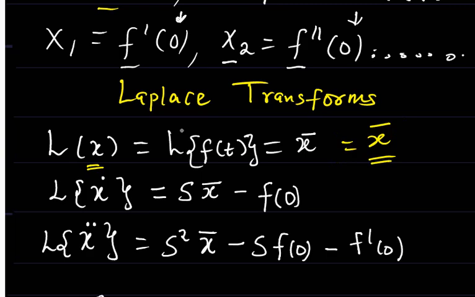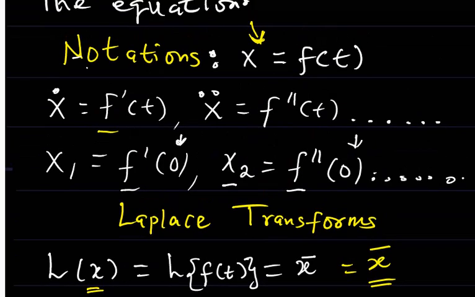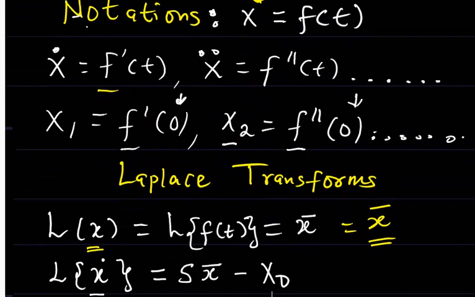Then the Laplace transform of the first derivative, that is x dot, is given as x bar minus f of 0, and of course f of 0 is x 0. Did I include that, or didn't I?